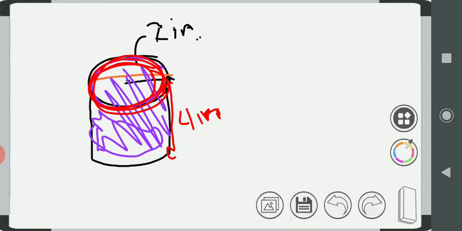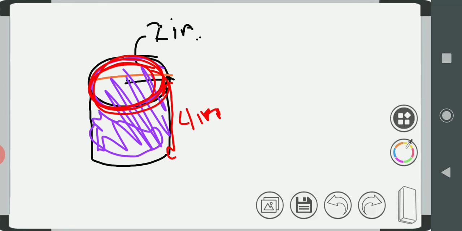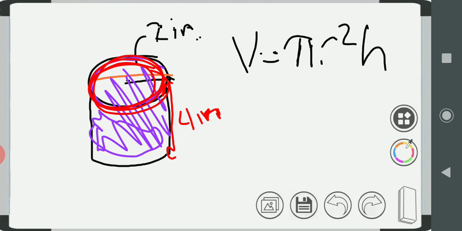It says the volume of a cylinder equals pi r squared times h. That depth or that height, that's the h.